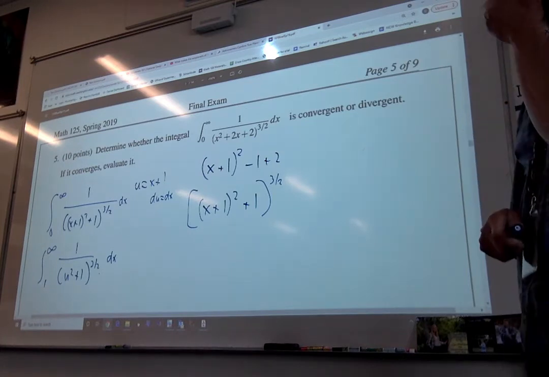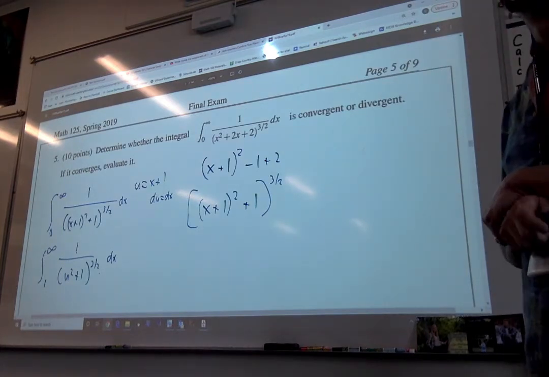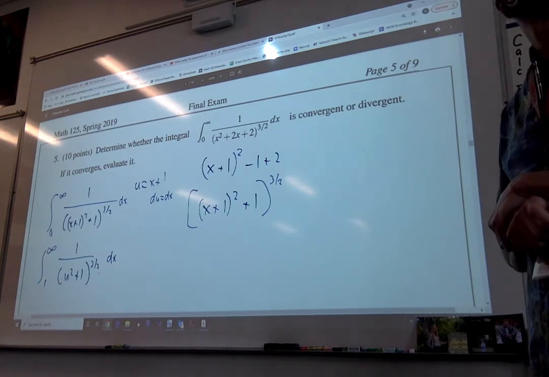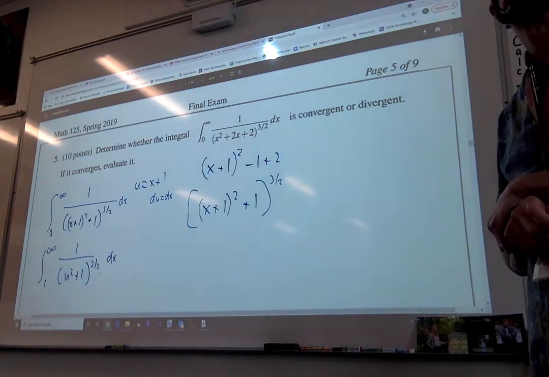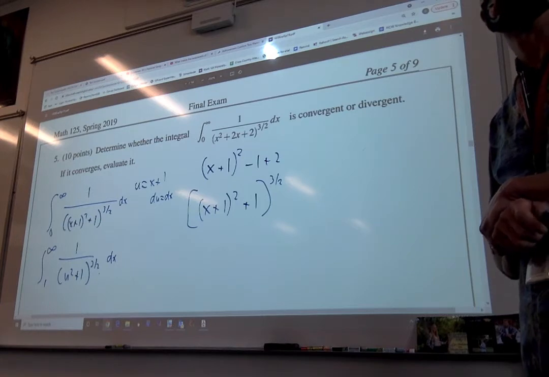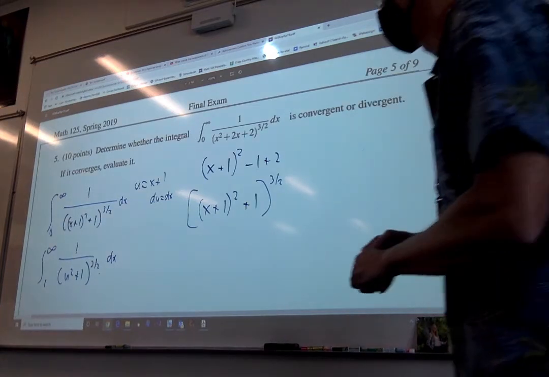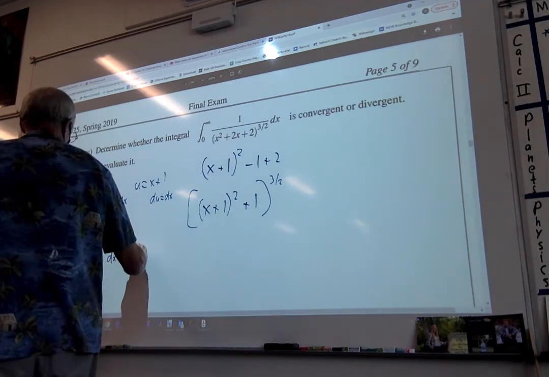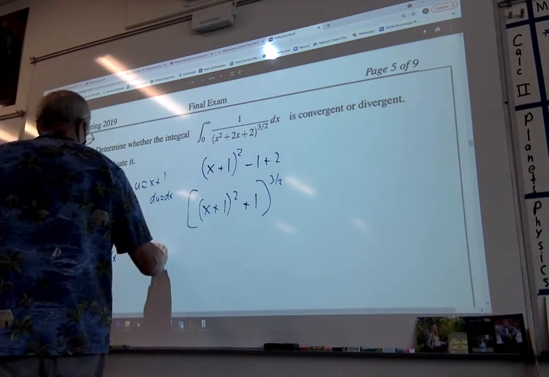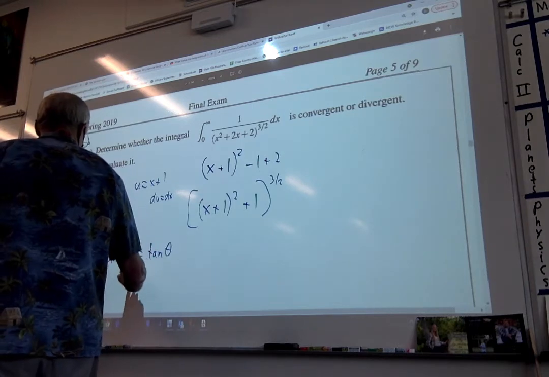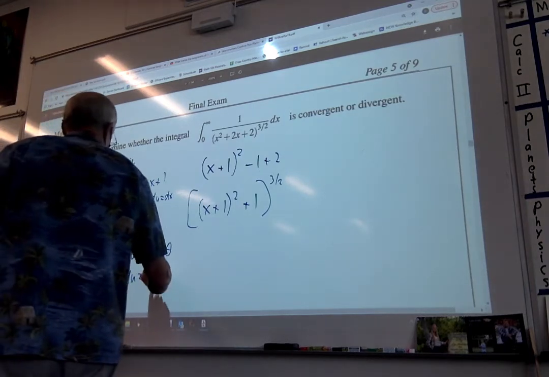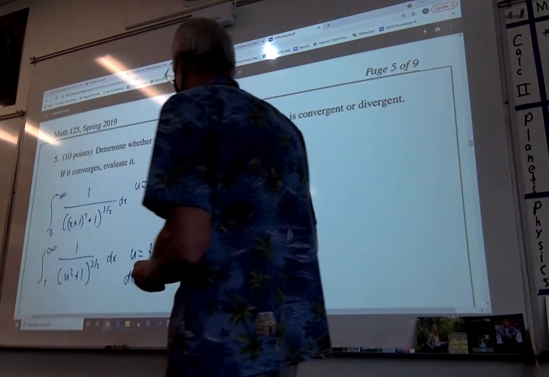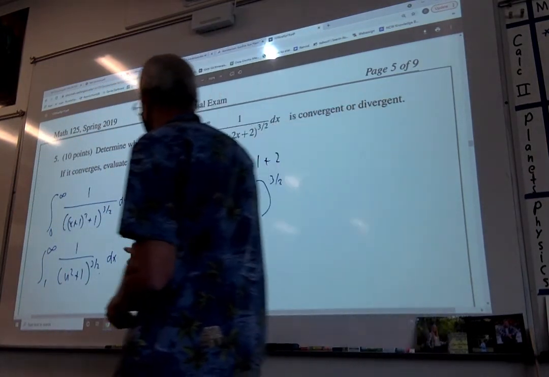Okay, that's a trig sub. Which one is it? It looks like a squared plus x squared, so x equals a tangent theta. A is 1. So it's u squared plus a squared, a is 1. So we let u equal tangent theta. du is secant squared theta d theta. Oh, this is a u, not an x.